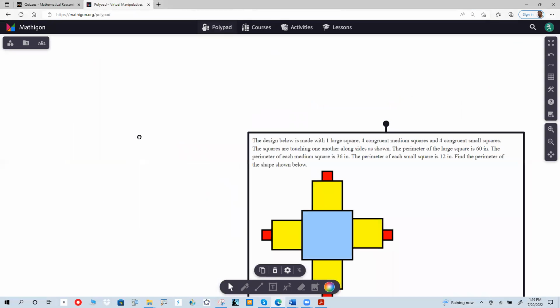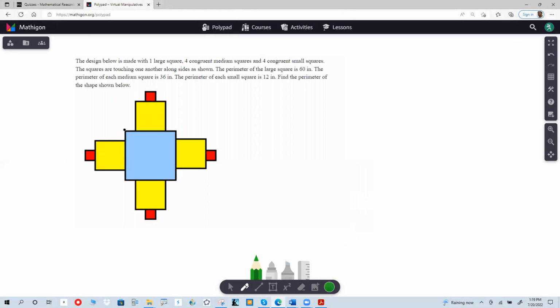Okay, no worries. The way I do it, Connor, is I will find this and I will multiply it by 4. That'll take care of everything. Now, even here, I will apply a little trick. I do acknowledge that this piece plus this piece plus this bit plus this bit plus this bit, all these green bits, will be one side of the blue square.